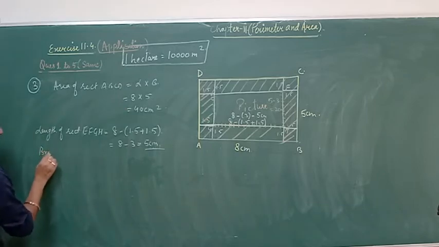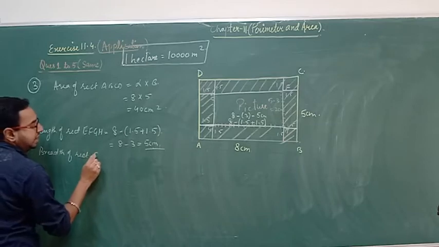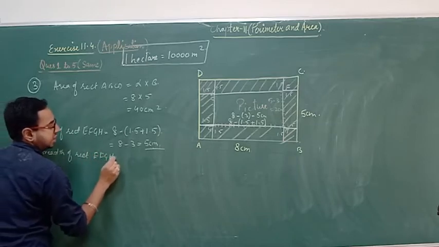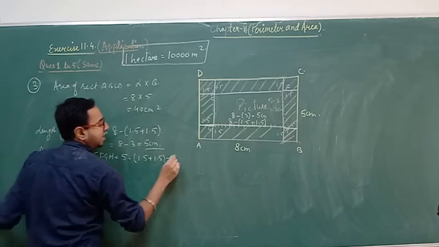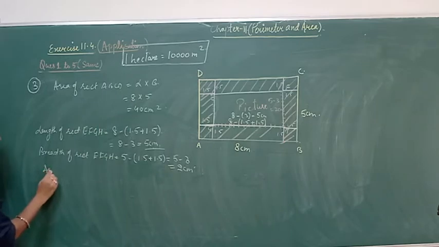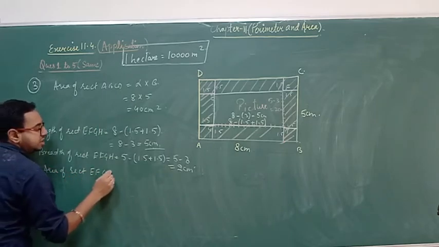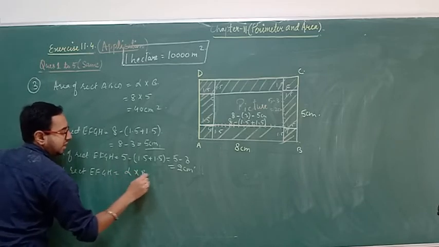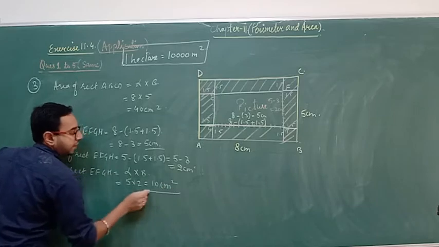Next, breadth of rectangle EFGH, that is 5 minus 1.5 minus 1.5, that is 5 minus 3, again 2 centimeter. Therefore, area of rectangle EFGH is length into breadth, that is 5 into 2, that is 10 centimeter square.